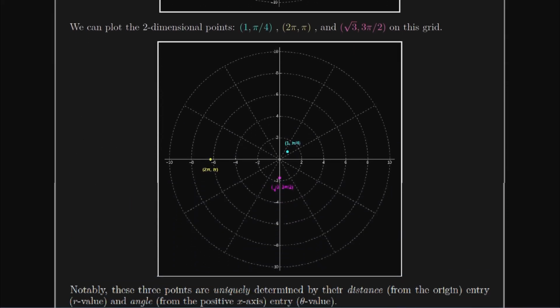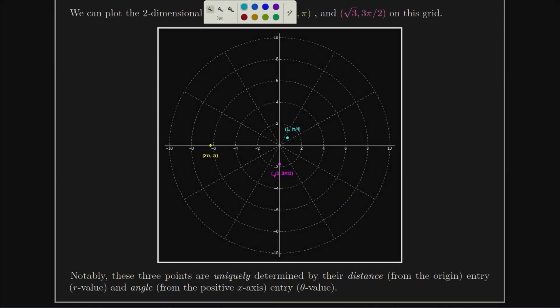And if we think about plotting points, we can recall pretty well from where we were before. Maybe the points I want to plot are (1, pi over 4), (2 pi, pi), and (root 3, 3 pi over 2). Then to plot (1, pi over 4), I'm going to go out one radius unit. So you can think about it along the x-axis still, but one unit from the origin, and then I'm going to move up by pi over 4. So the angle of pi over 4.